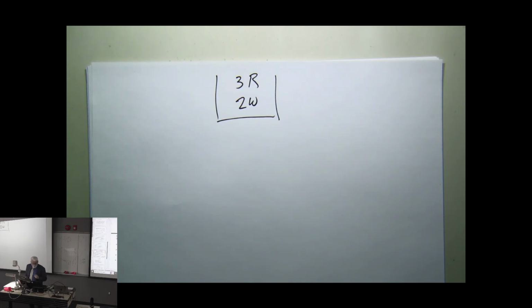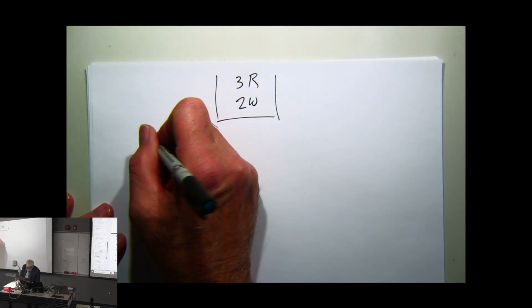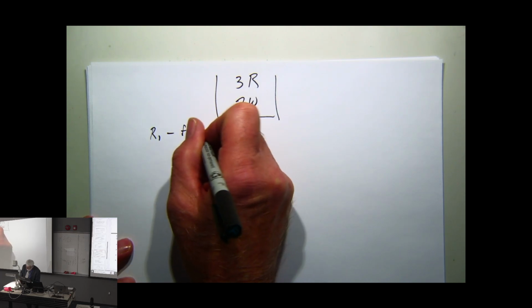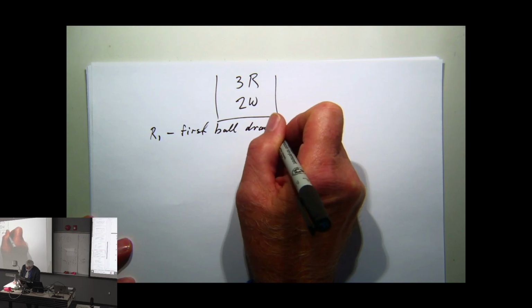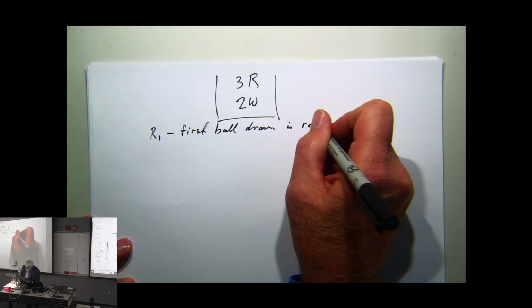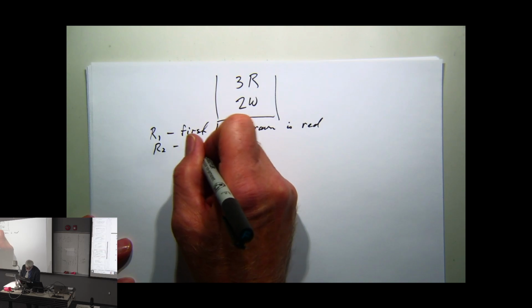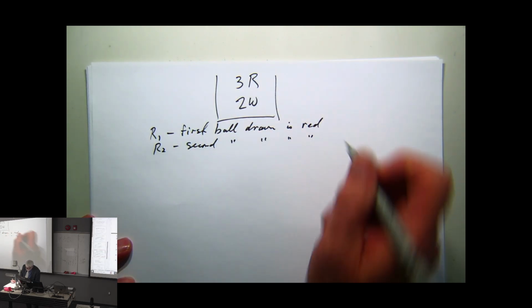The first question asked, what is the probability at least one ball is red? And so we also defined R1, the first ball drawn is red, and R2, the second ball drawn is red.